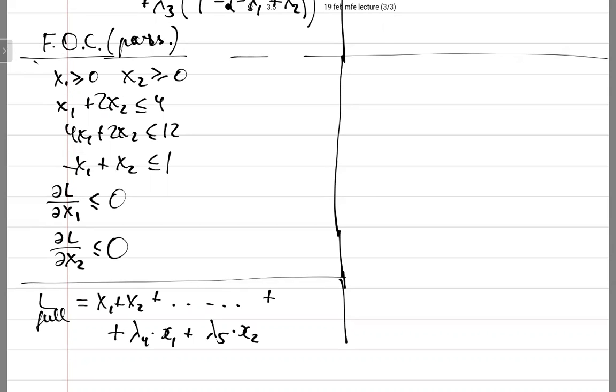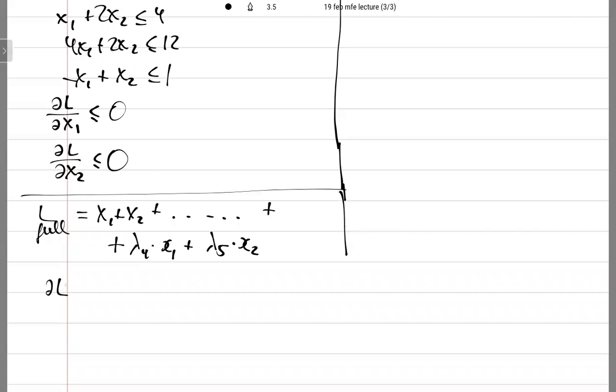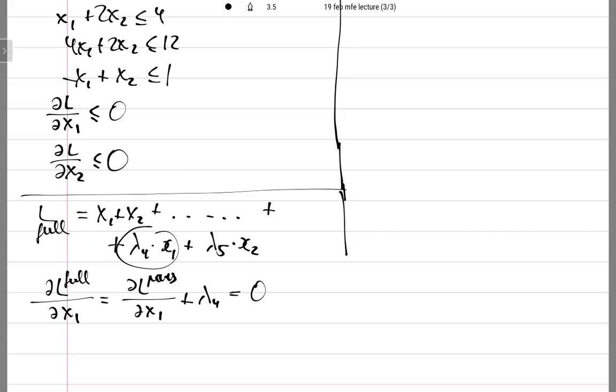Do you agree with me that in the full version of the Lagrangian function, you will have 2 more terms? Yes, definitely. Okay, and if you write dL full with respect to dx1, it will be dL parsimonious with respect to dx1 plus lambda 4, and you will have equality to 0.